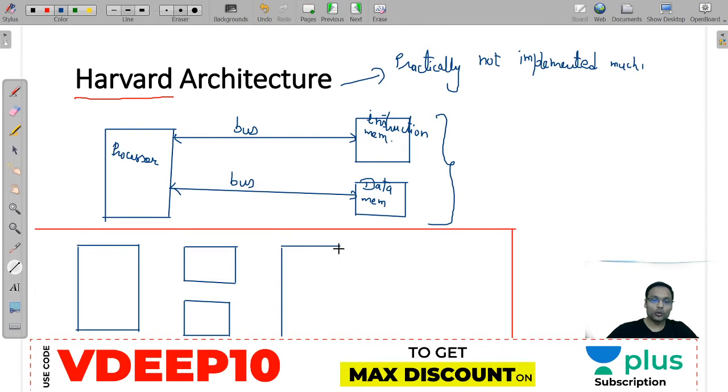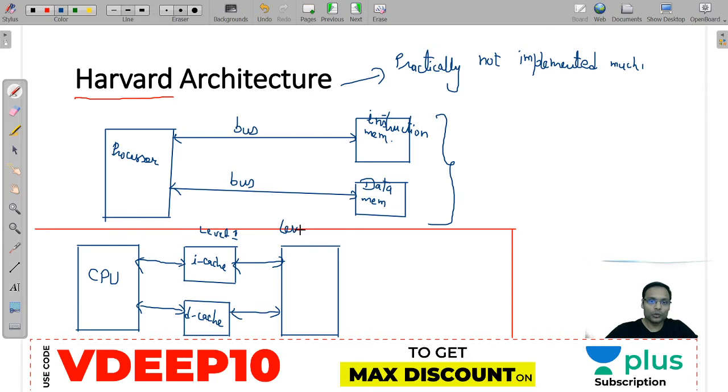So you are having two levels of cache memories from the CPU. From the CPU, this is the first level of cache memory access, and in the first level you are having two different caches. One is the I cache for only storage of instructions, and another is the D cache for only storage of data. And then on the next level, you will be having a single cache, called the level 2 or L2 cache. And this cache is unified.